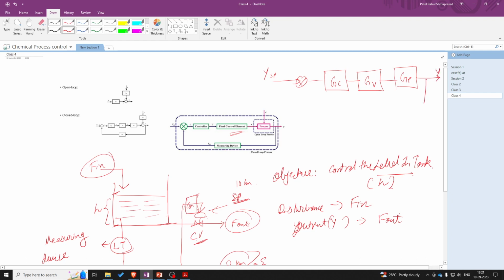Now we need to measure the output, that is the level of the tank. For that we need a measuring device. The transfer function of that measuring device we consider as GM, and this is fed back to the system. This will be plus, and since this is coming in from the opposite direction, this is minus. So this is basically Y measurement.